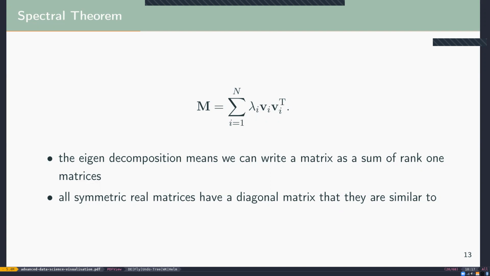So we can write a matrix, any real symmetric matrix, as this. So this is a sum of rank 1 matrices. And this is something that we're going to use. Okay? Does that make sense? So you have to think about, we're taking this times this, right? For the vectors. So we get these matrices, and we just have a scalar factor on them the whole time. Right? Cool.